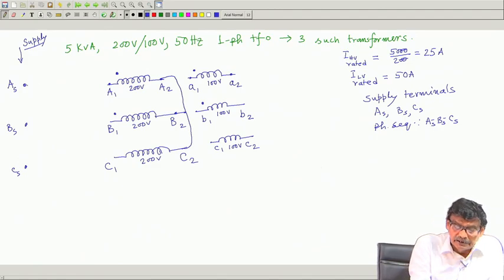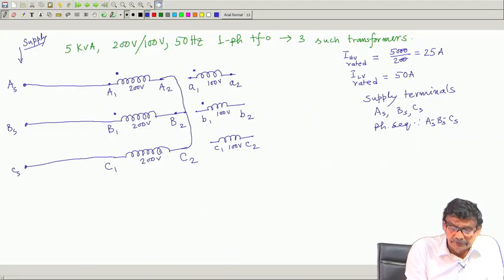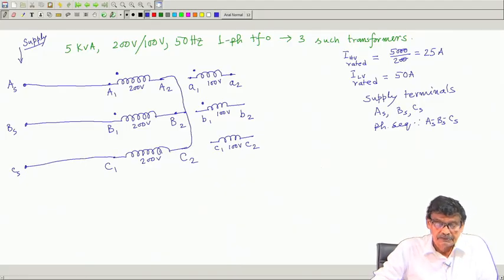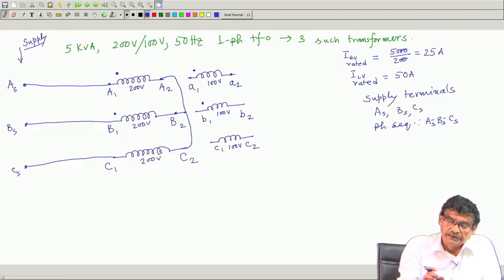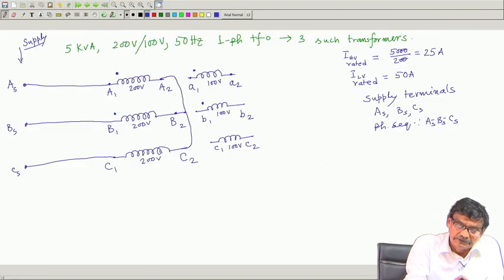And I will give supply like this, AS I will connect to A1, BS I will connect to B1 and CS I will connect to C1. Now, since it is star connected, the supply voltage whatever it is line to line, that divided by root 3 will appear here.